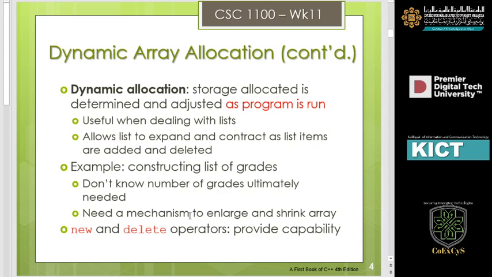Dynamic array allocation, on the other hand, is determined and adjusted as the program is running. This is useful when dealing with a list. A list allows you to expand and contract the list items, and add to it or delete from it.